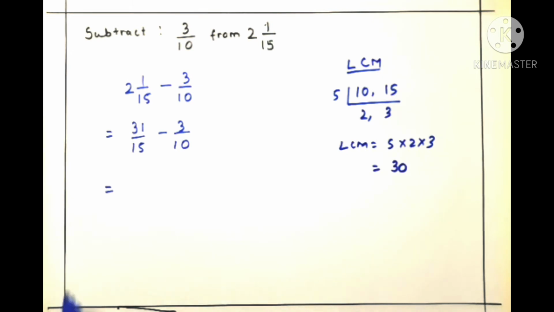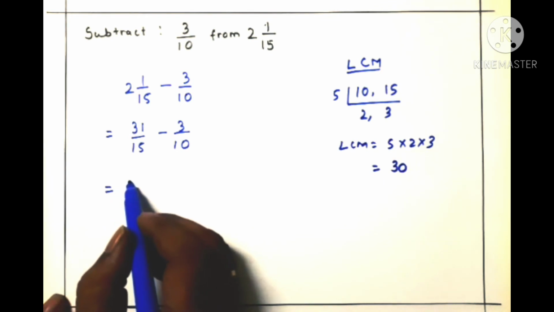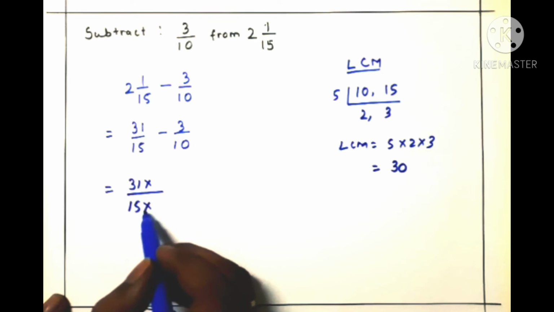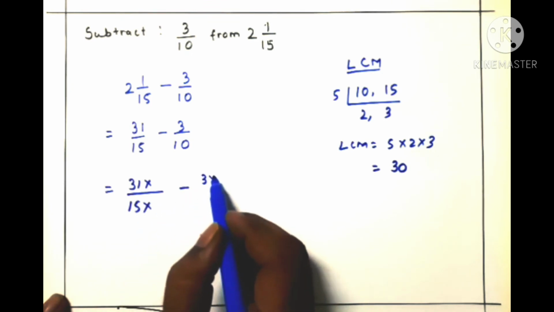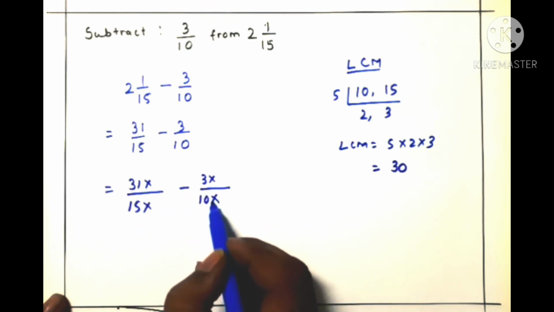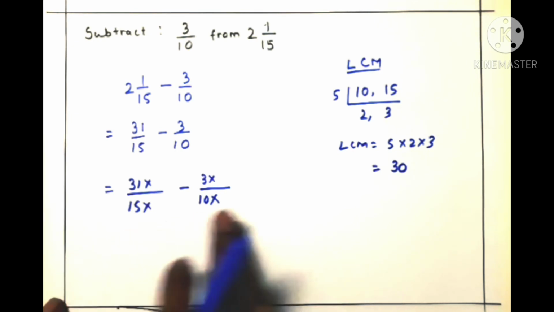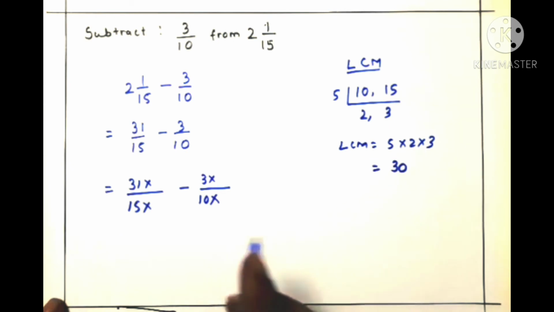The next part is equivalent fractions. So 3 1/10 minus 3 1/15 is what we are getting ready for, for the equivalents. Now the denominators must be equal to the LCM. So 15 into how much will get 30, and 10 into how much will get 30? We will see now.